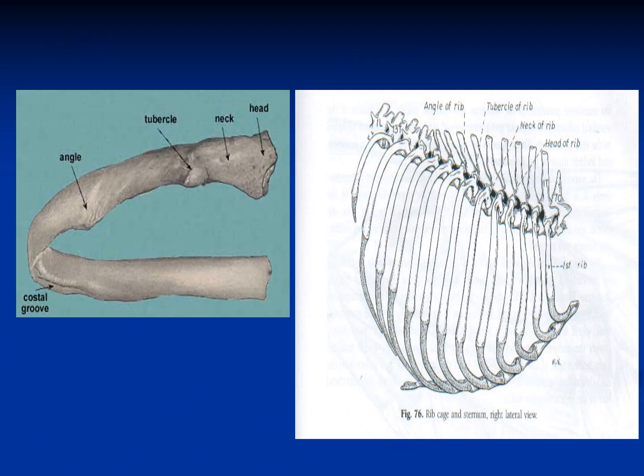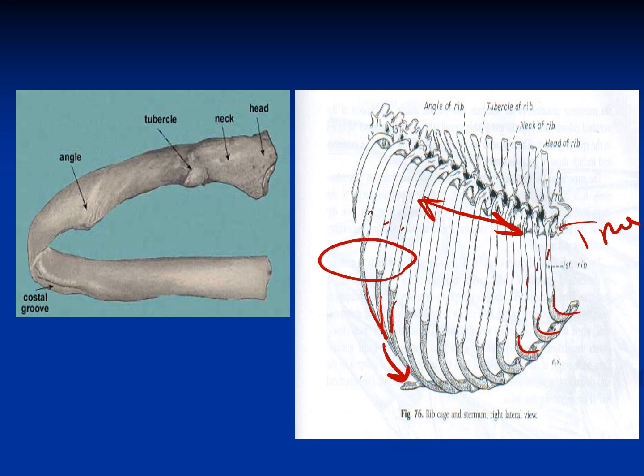The ones that do not have any attachment with the sternum, we call the floating ribs. So here, see this one, 2, 3, they attach directly to the sternum, till 9. These we call true ribs. However, numbers 10, 11, and 12 form the costal arch, which then articulates with the sternum.